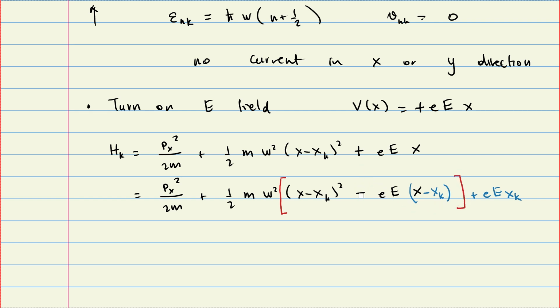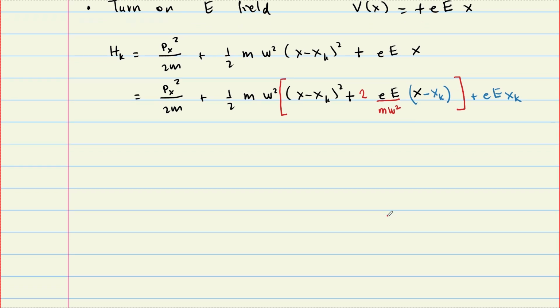And for me to be able to do that, I need to here put 2 over m omega squared. And lastly, there's something squared plus 2 times something else, and I need to add eE over m omega squared, so plus and minus of the same thing.